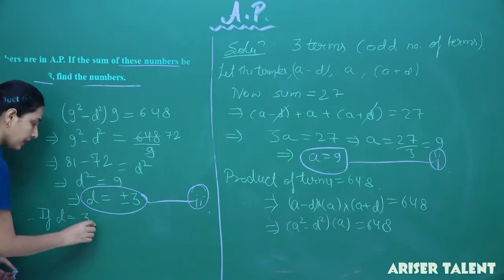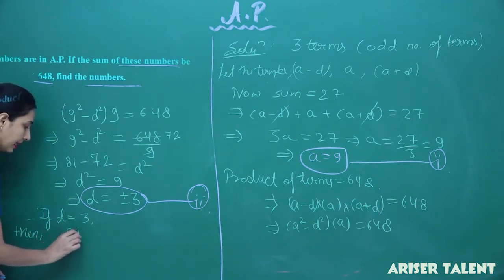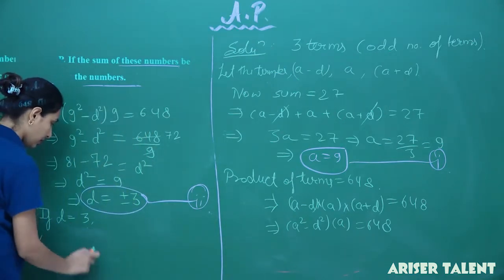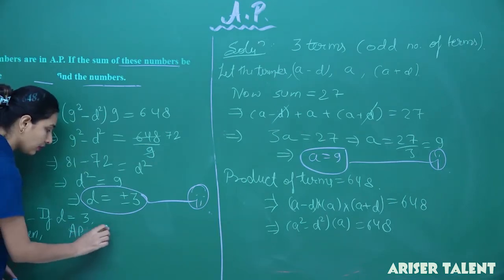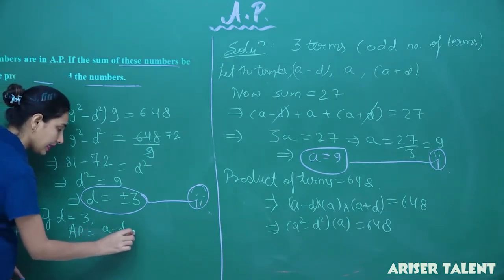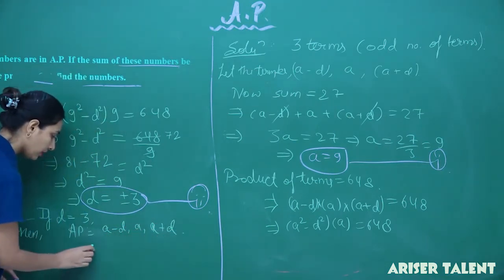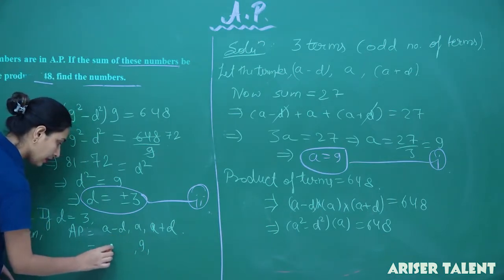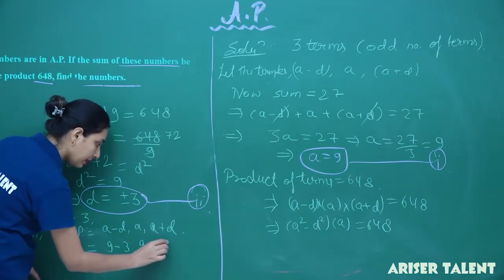Now if D equals 3, then the AP equals A minus D, A, A plus D. A is 9, so 9 minus 3, 9, and 9 plus 3.